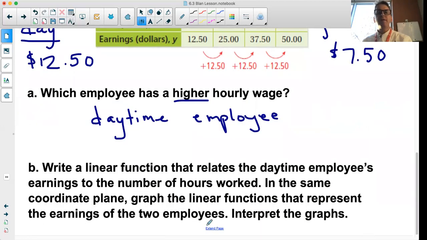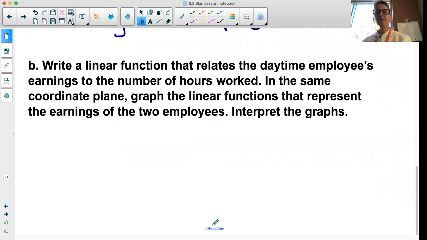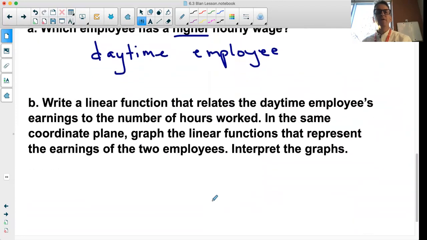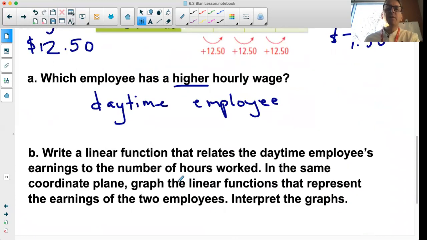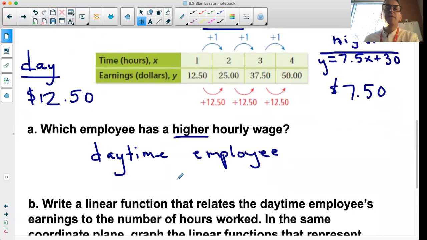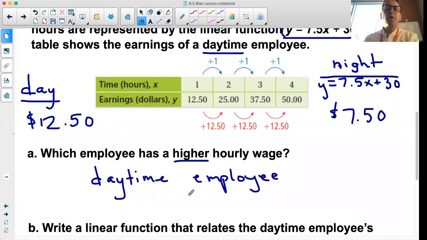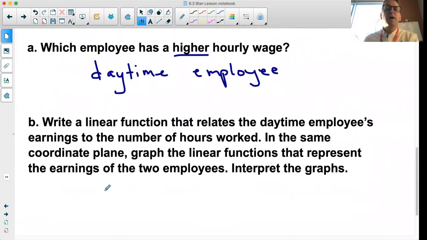Letter B, write a linear function that relates the daytime employee's earnings to the number of hours worked. Okay, so that's fairly simple. As you can see here, the daytime employee has y is equal to slope 12.50 times x.